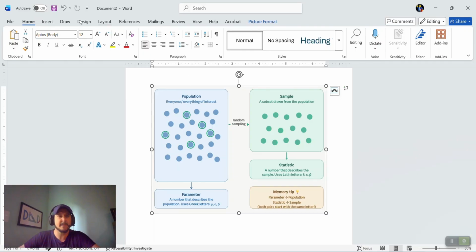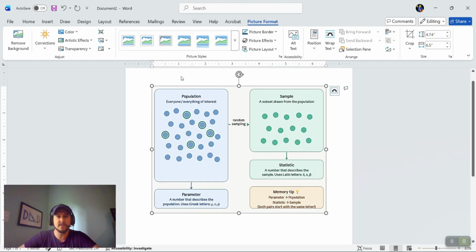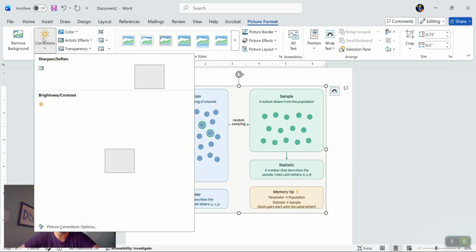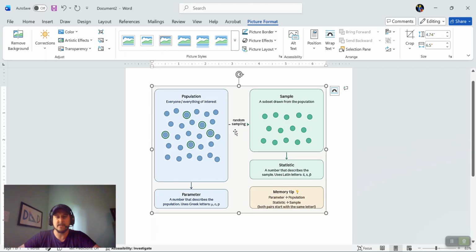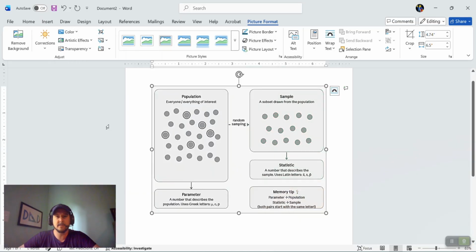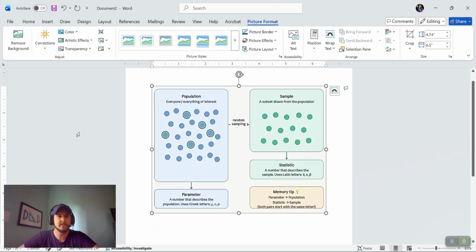We already have that interwoven into our notes. Picture format, going to go to corrections. I'm going to sharpen this. Maybe go down a level. Actually, I'm going to go back. Yeah, so this will be better for printing purposes. Actually, let's see what this looks like in grayscale. All right. I'll leave it in the original.